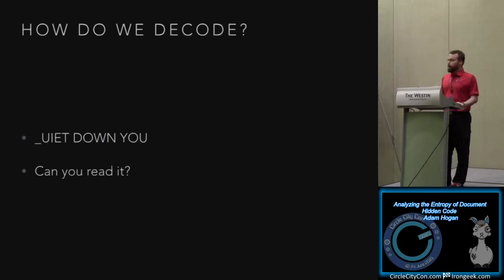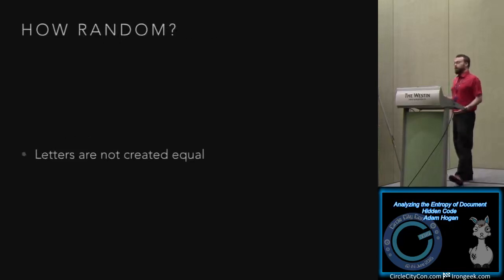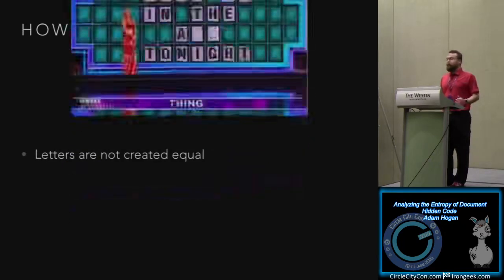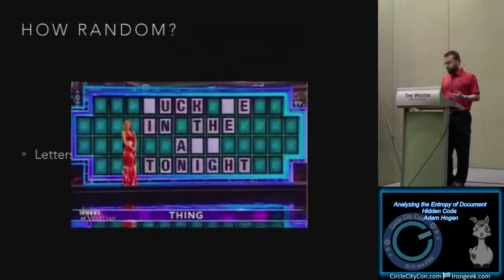They're not used at the same frequency, so that Q and U usually go together. Now, all those letters are not created equal, right? So we have certain strings that go together. We have certain patterns in letters, so that even if we're missing part of the message, we can still usually figure it out. So we know how those go together, and we can start to piece that together.